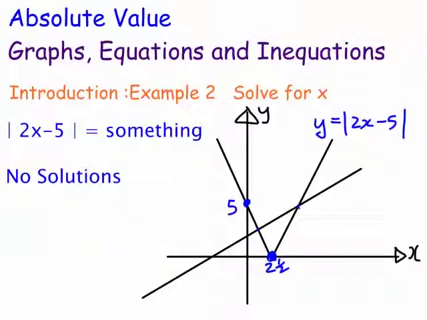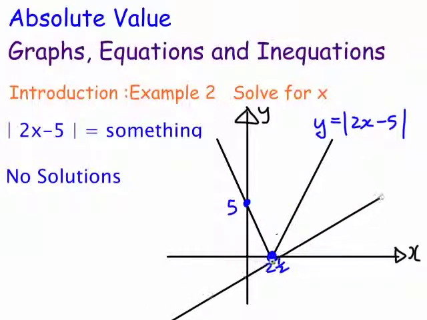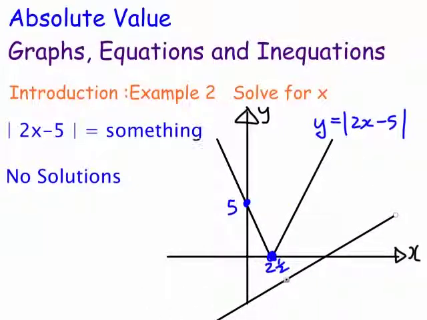Now, it is also possible to move this line down. Suppose I grab this line and move it down here. Then there are no solutions to the absolute value equation. What would that look like?